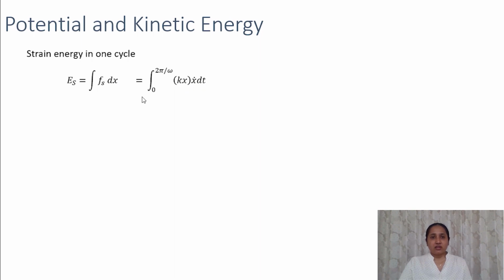So we can integrate it over one cycle, that is from 0 to 2 pi by omega. So we can substitute the value of x, that is the displacement, and the velocity, and we will get this expression. We can integrate it to get the total strain energy in one cycle. As you can see, this expression is a product of a sine and a cos.